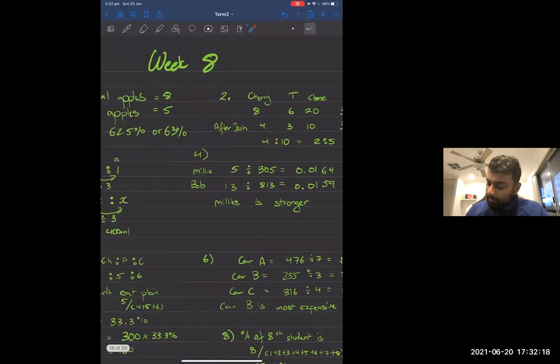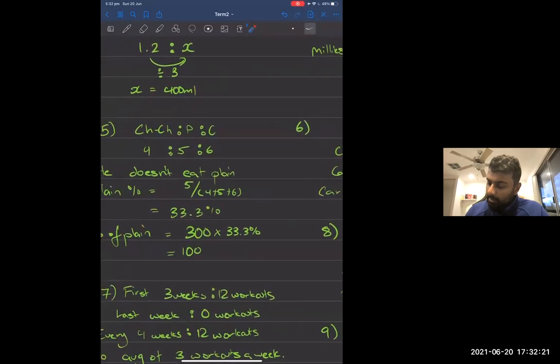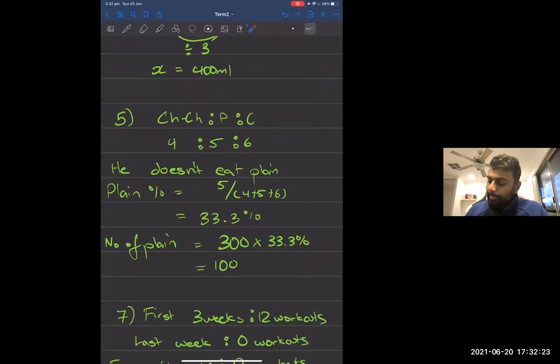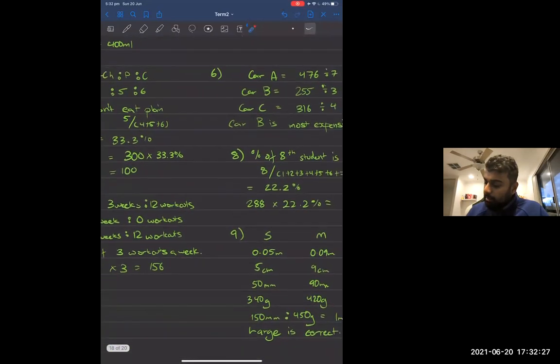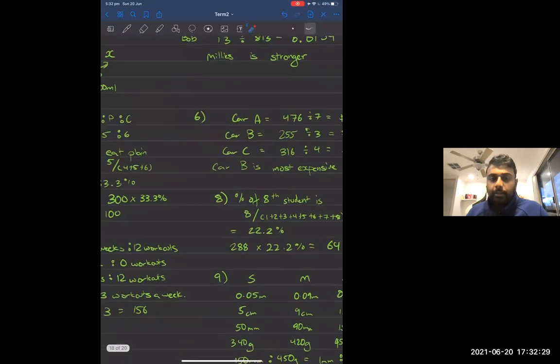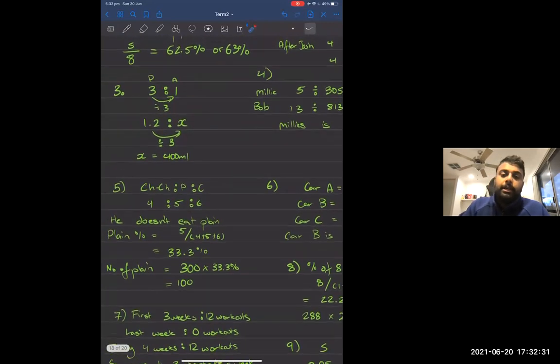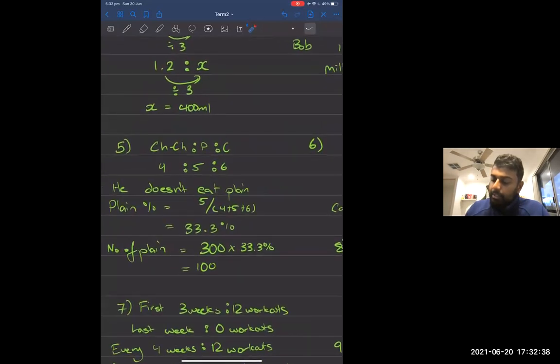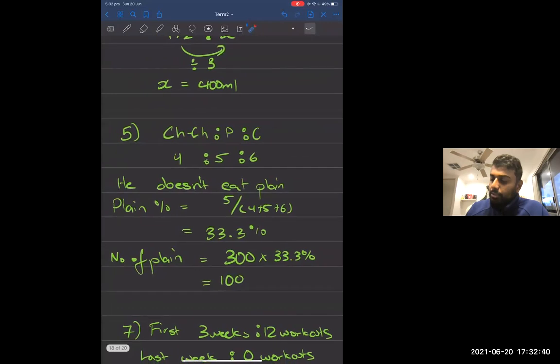Question number 5 and question number 8. I've got a simpler version for you guys that makes it a bit easier to understand. So there's 3 flavors of cookies, right? Choc chip, plain, and chocolate.